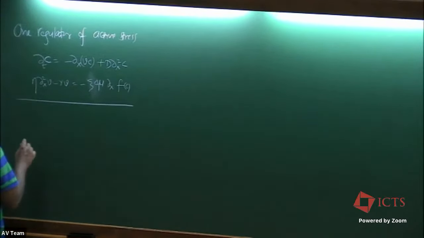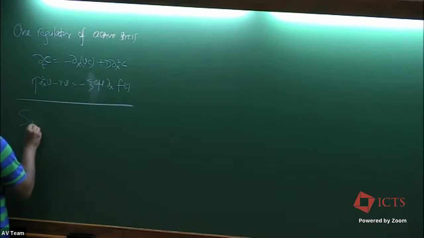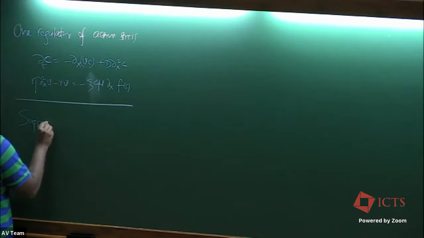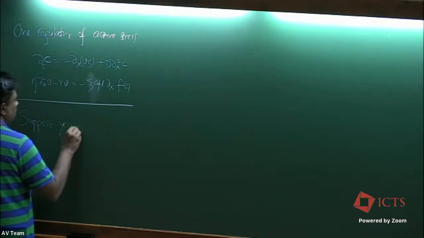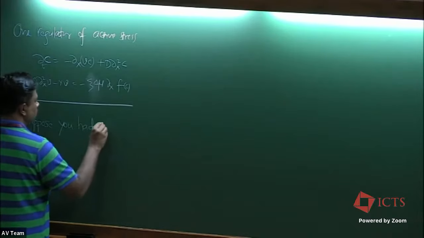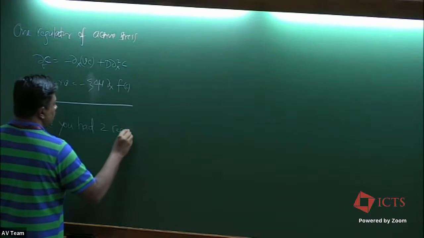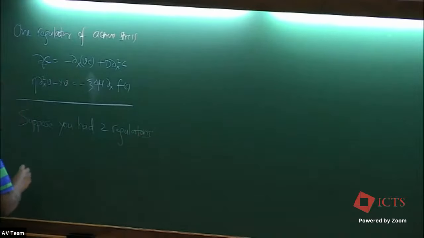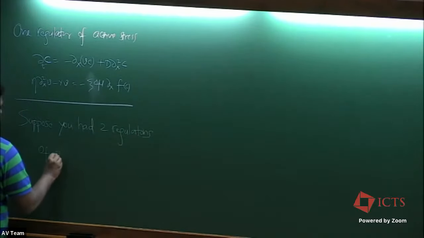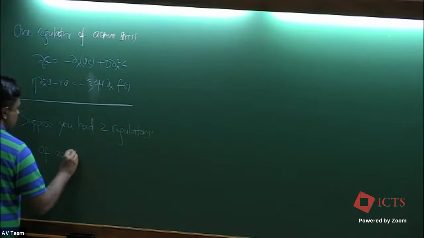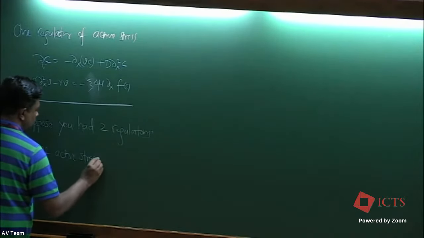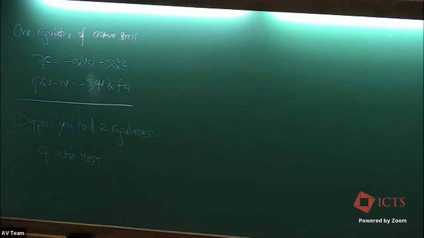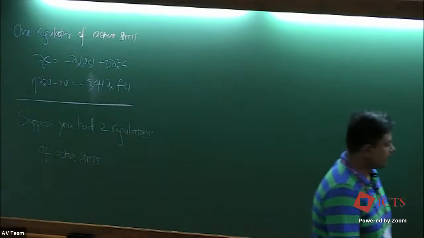So here's the idea. Suppose you had two species. The analog is something like Turing pattern. And this was a bit of a surprising thing when we found this out. Suppose you had two regulators of active stress, and you want to look at the kind of pattern forming instabilities that come up in this system.